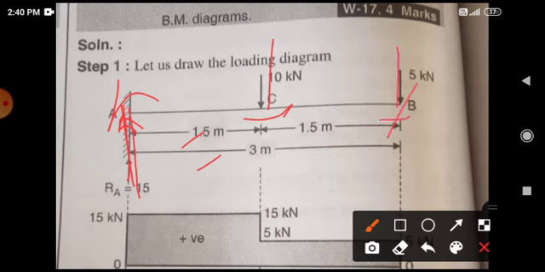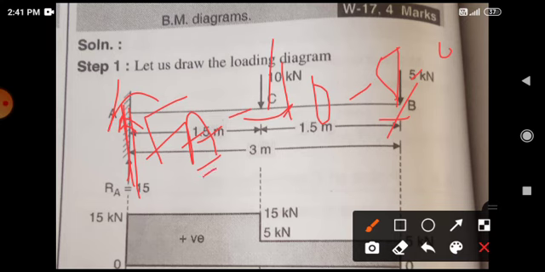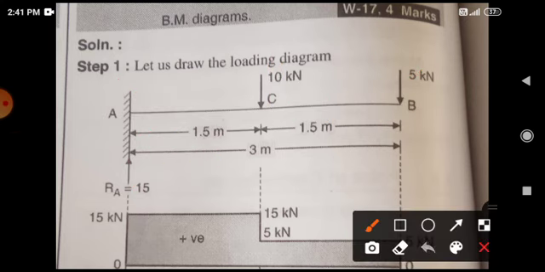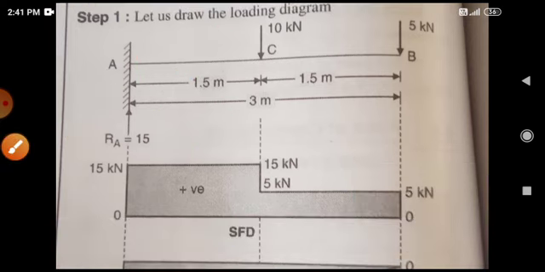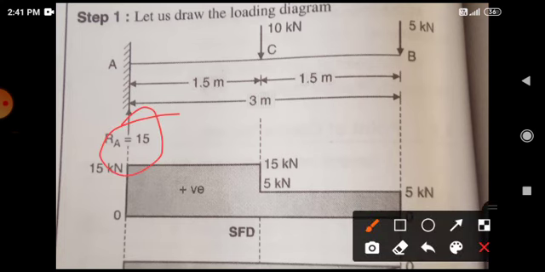So adding all, FA minus 10 minus 5 is equal to 0. So FA is equal to 5 plus 10, which is equal to 15. Therefore the vertical reaction at A is equal to 15, which is 10 plus 5.